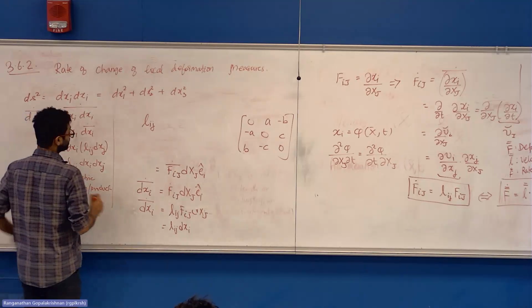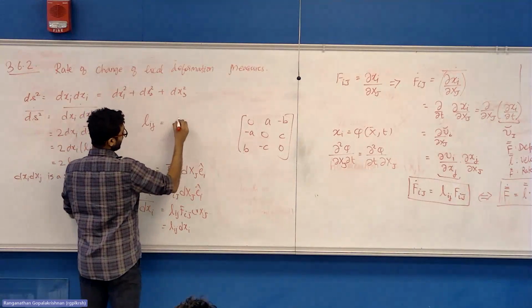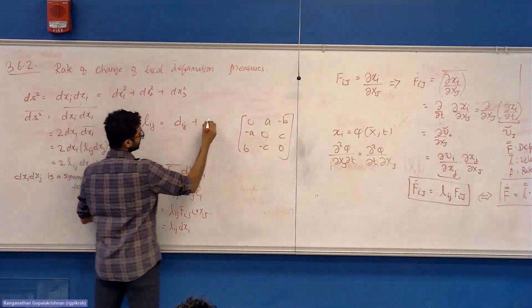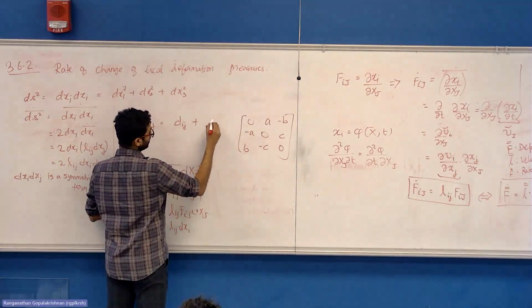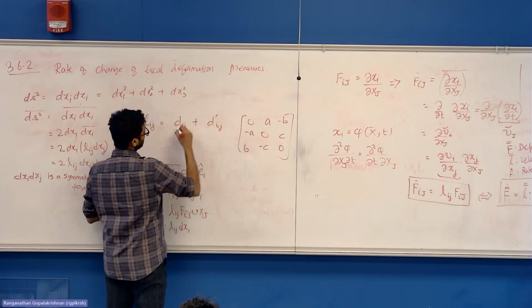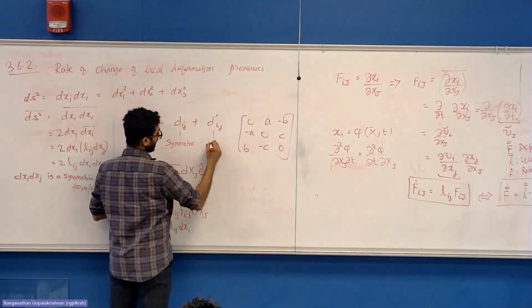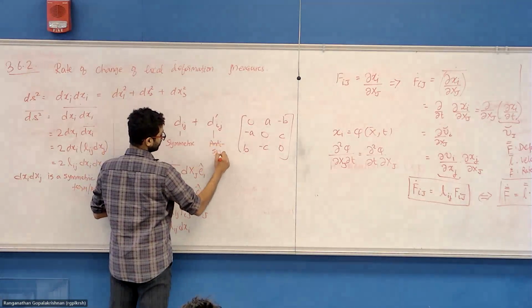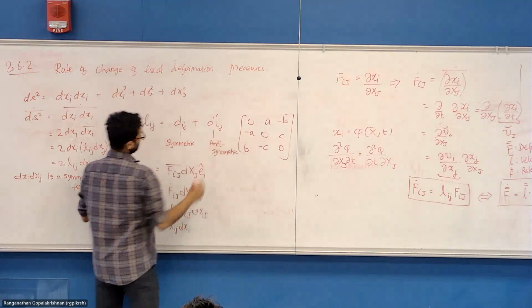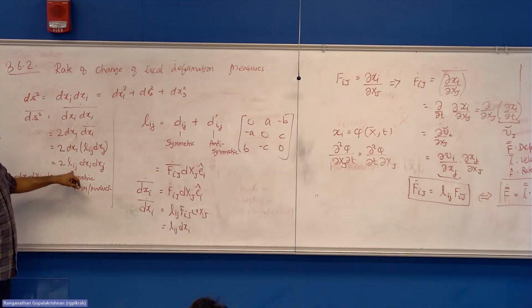So the reasoning is L_ij can be split as a symmetric part plus an anti-symmetric part, which I'll denote d dash ij. We can forget the anti-symmetric part because it won't contribute anything.